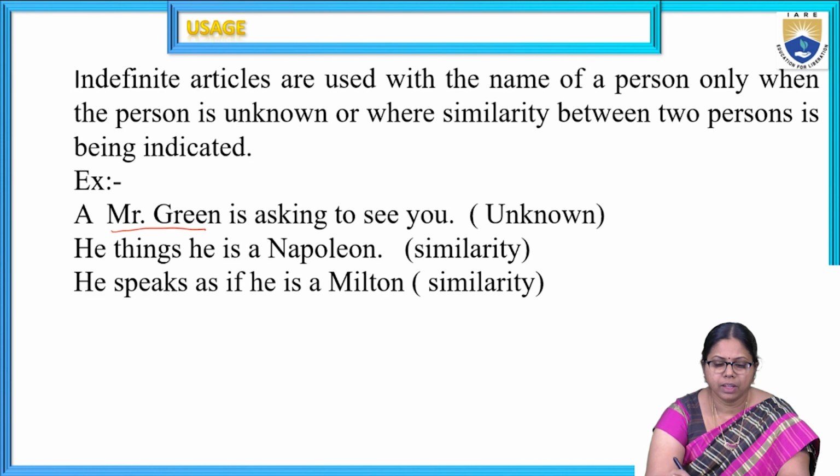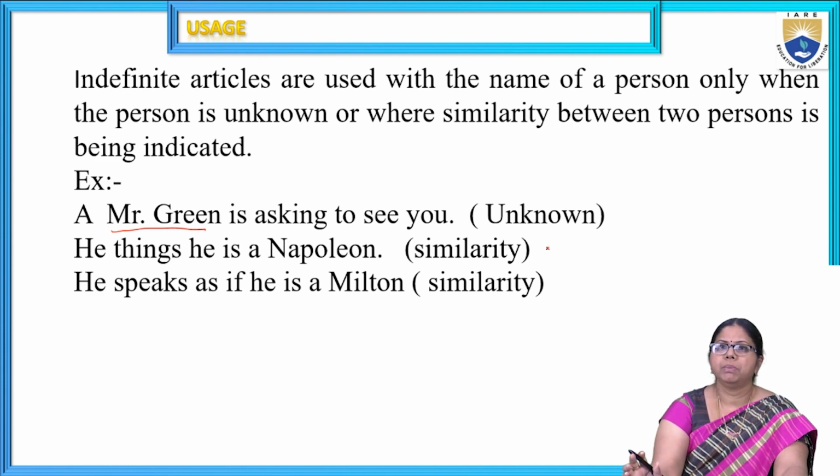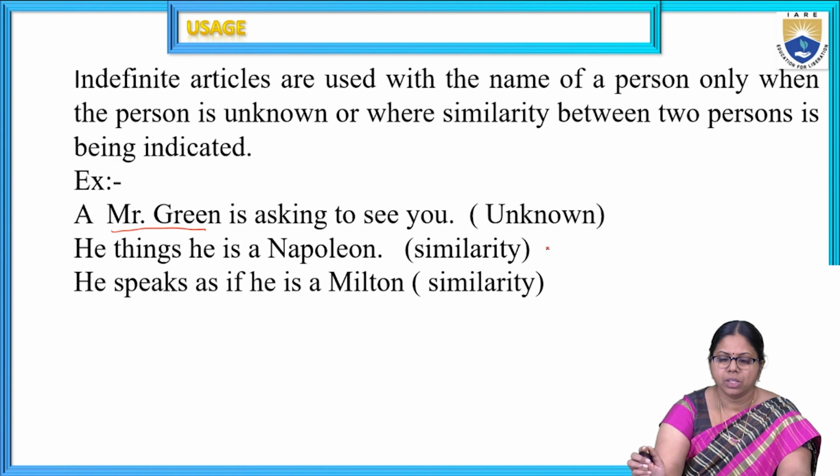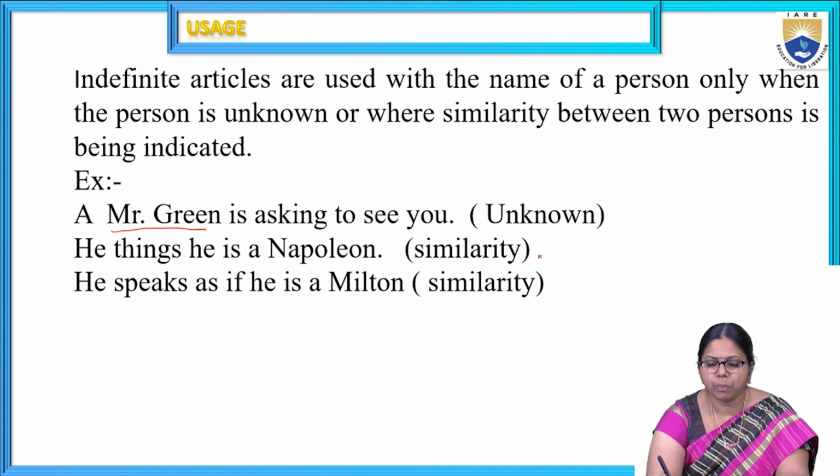And one more usage: we also use indefinite articles when we are showing some similarity with another person. Like, he thinks he is a Napoleon. We are comparing a person with a Napoleon because he may have the qualities of a Napoleon.